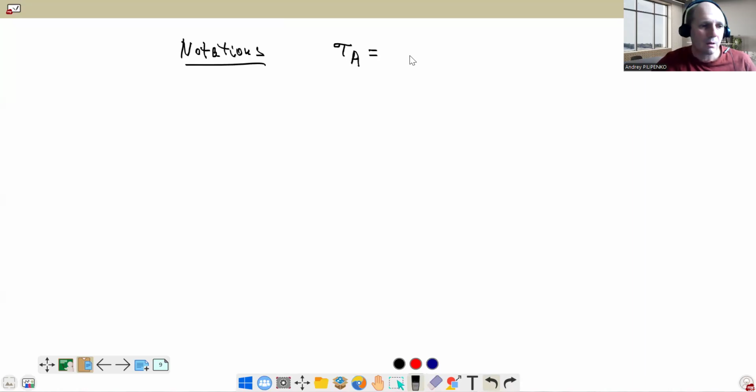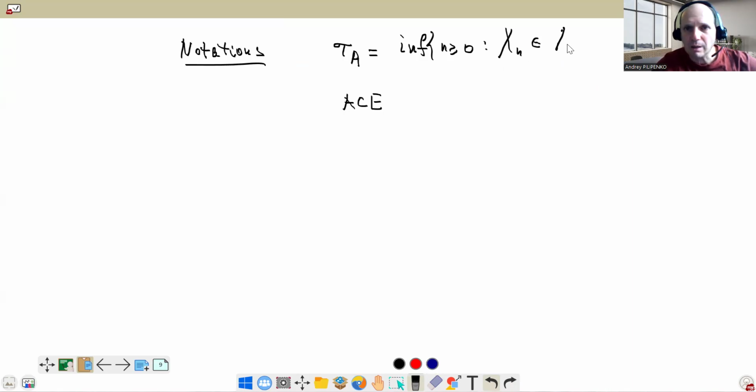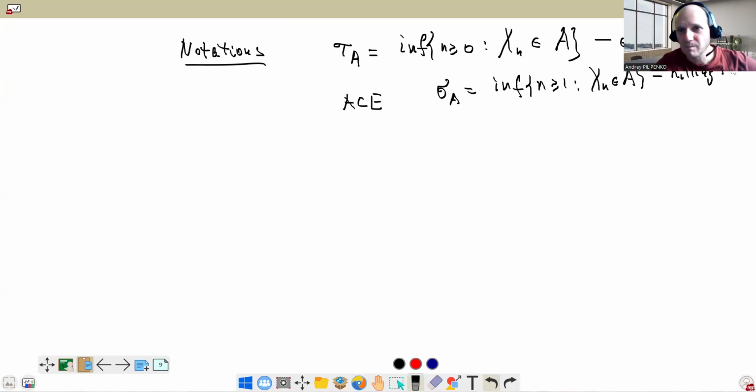Tau sub A, where A is some subset of the state space, is the first entry time, the first time when Xn is in A. And sigma sub A, with a similar formula, is the hitting time. If you do not start from A, then tau A is equal to sigma A. Here you have to make at least one step and then arrive at A. And here, any zero also counts.